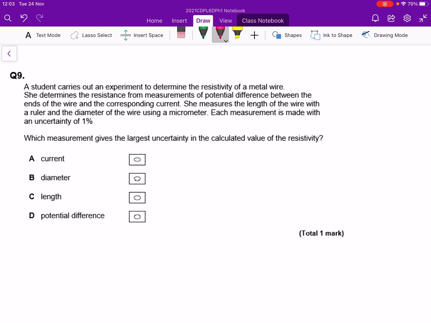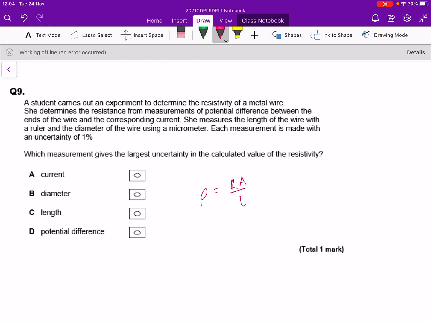Don't know. Ruler, micrometer. Well, the ruler is not very precise, but each measurement gives an uncertainty of 1%. So R A over L is this. So if we were going to do the percentage uncertainties, what's she measuring? Voltage and current.